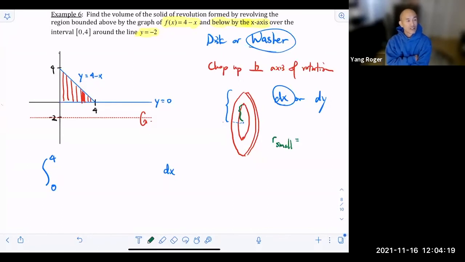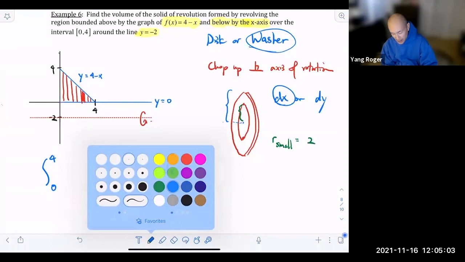Anybody have a thought? I'll give you a hint. R small is the distance from here to here. What do you think that distance is? I have 1 vote for -2, and 1 vote for 2. Well, the distance from here to here is 2. I know this is the y value of -2, but we're talking about distance, we're talking about length. So R small is equal to 2.